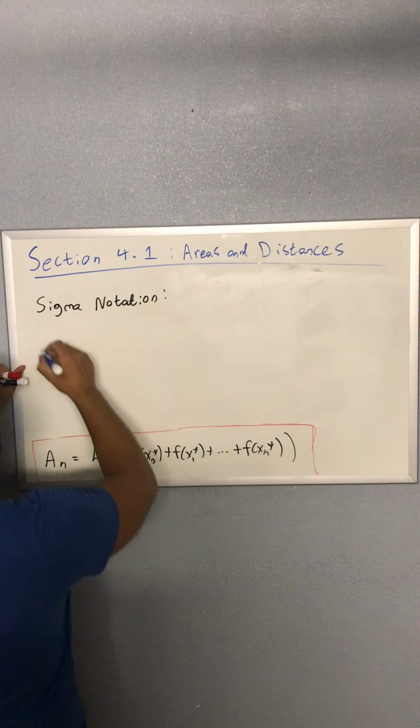So a sequence is a list of numbers. And sometimes it's random, or sometimes we have a formula for it that can tell us. For example, this guy here, 1 over 2 to the n.